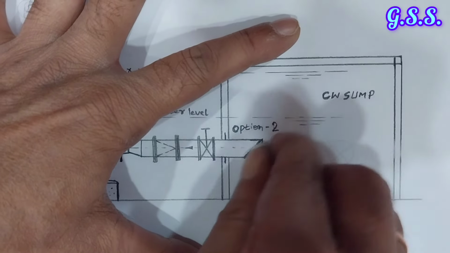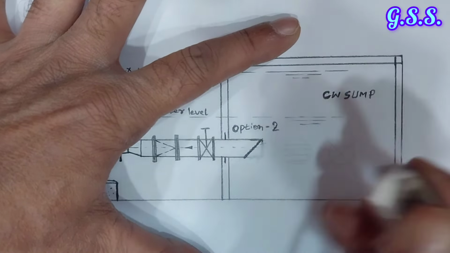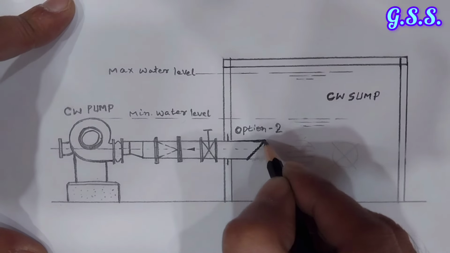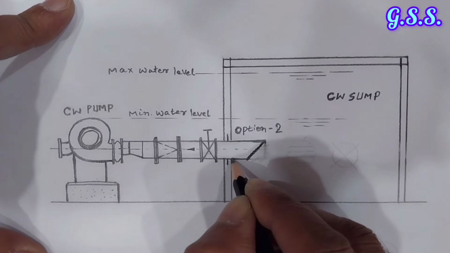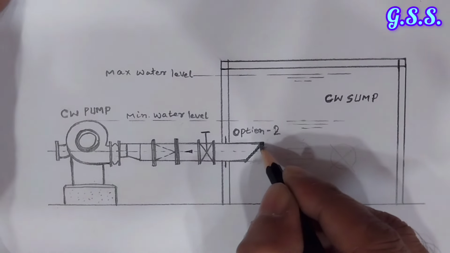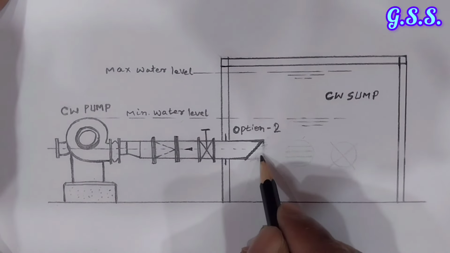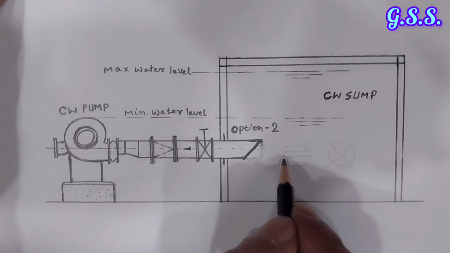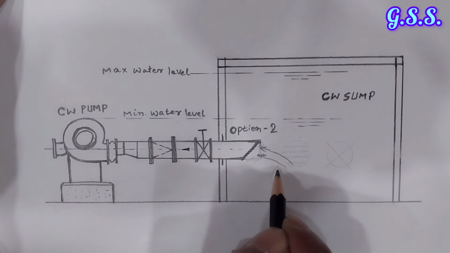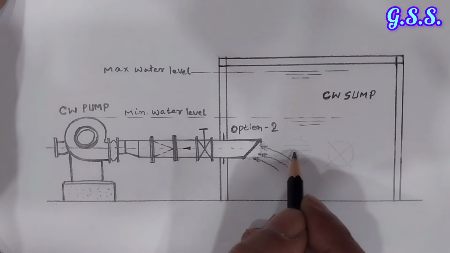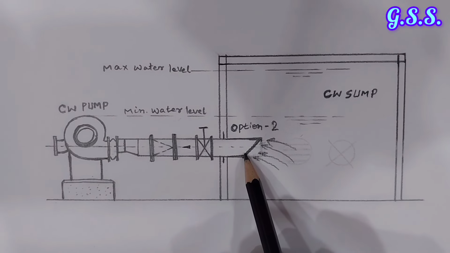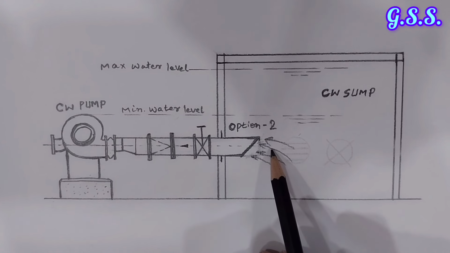When we make this type of cut at 45 degrees, this area becomes about 1.5 times. So entry loss will be less and the pump will suck in this direction, like this. In case of option 2 puddle, there will be less possibility of vortex formation.